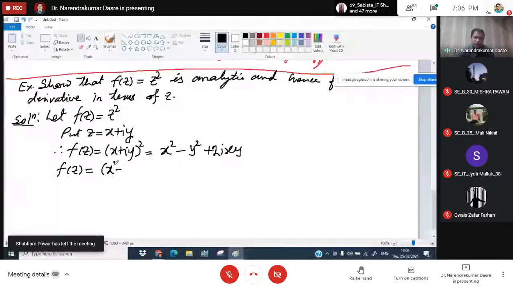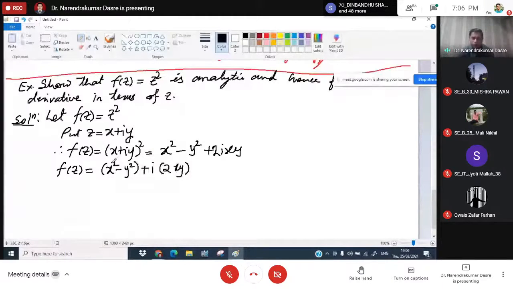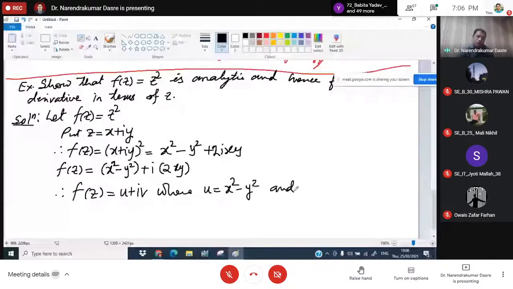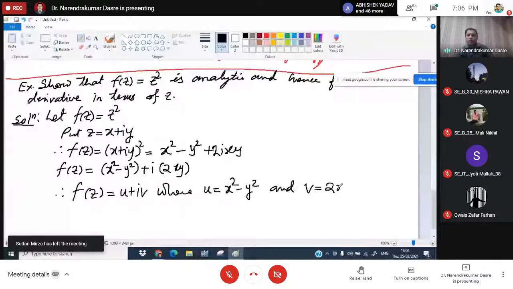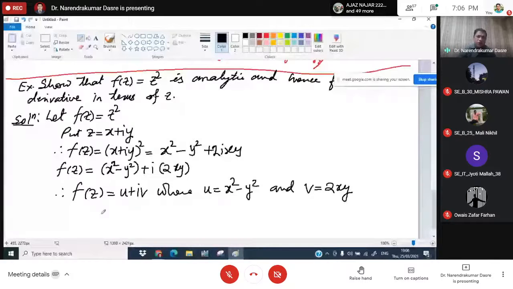This is the real part and this is the imaginary part. So I can claim that f of z is equal to u plus iv, where u is equal to x square minus y square and v is equal to 2xy. Now that we have u and v, we have to test these conditions.